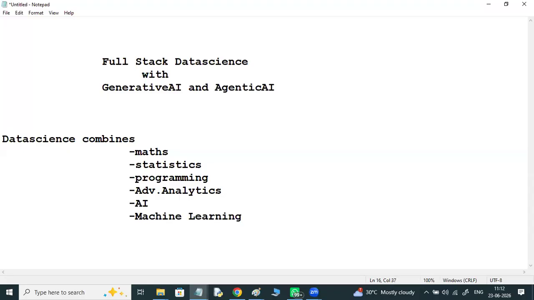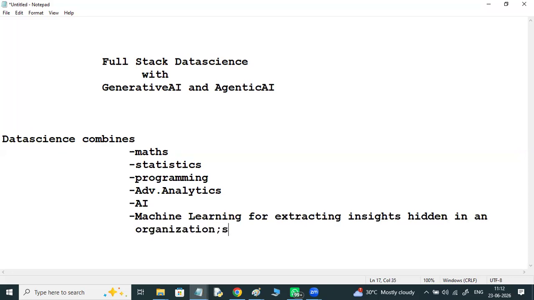So I can say data science combines all of this, machine learning, AI, advanced analytics, programming, statistics, and maths, for extracting insights hidden in an organization's data.